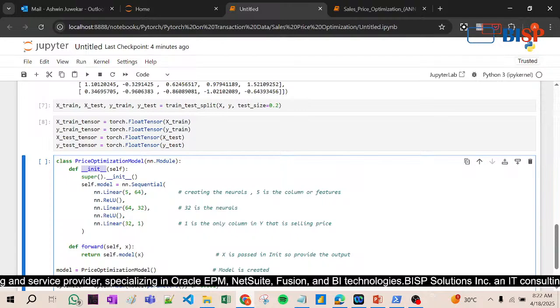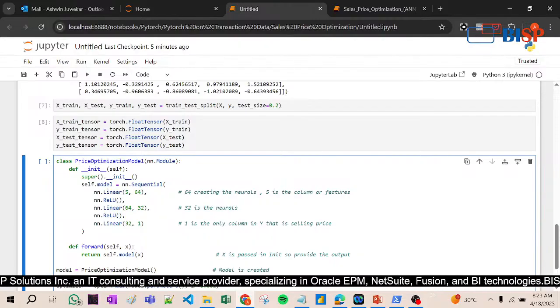Now see, class PriceOptimizationModel, right? nn.Module. Now see what we are going to do. self.model equal to nn.Sequential, that is fine. nn.Linear, 5 is the number of columns or features. Creating the neurons, that is 64 is the number of neurons, right?